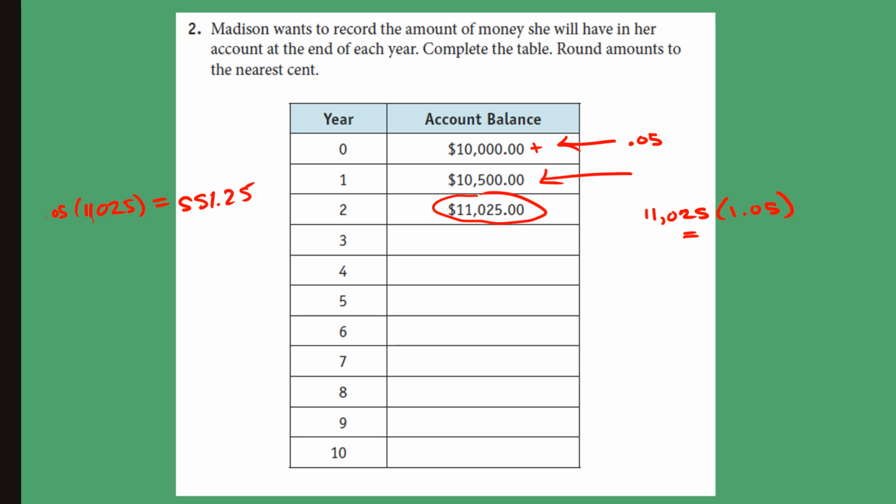And then if you add that back on, you're going to get about 11,576.25. If I multiply this all together, then I'm going to get that whole amount altogether. So 11,025 times 1.05 is going to give me 11,576.25.